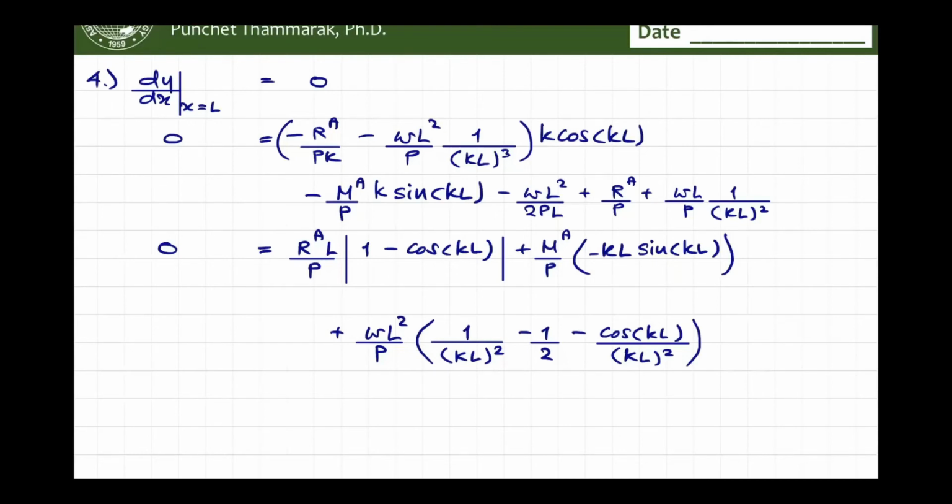Minus WL square over P. Factor that out. We have KL cancel out. You get KL square only. Cosine KL over there.